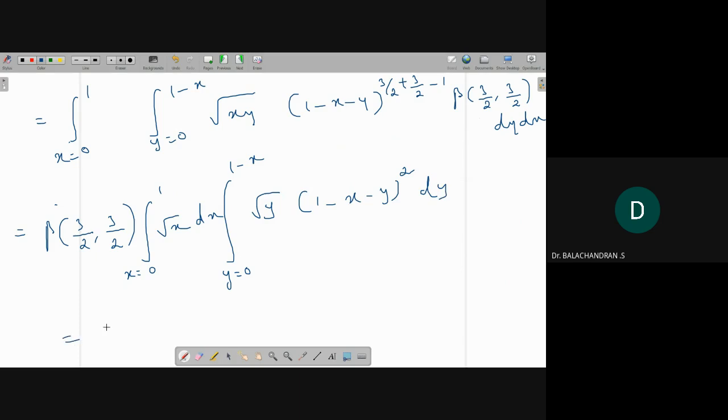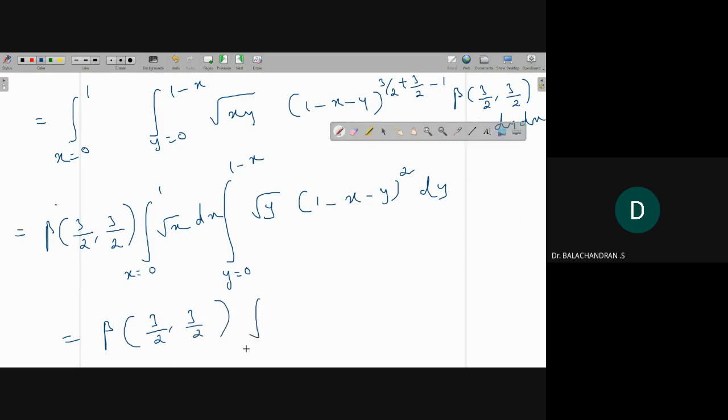So now this is beta of 3 by 2 comma 3 by 2, integration x is equal to 0 to 1 root x into dx. Again apply that result, you will get 1 minus x whole power 3 by 2 plus 3 by 2 minus 1 into beta of 3 by 2 comma 3.